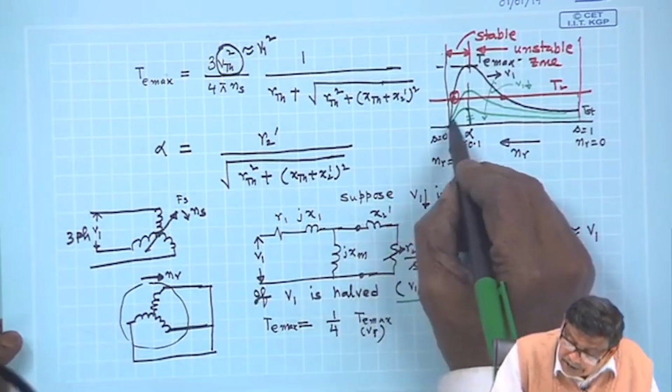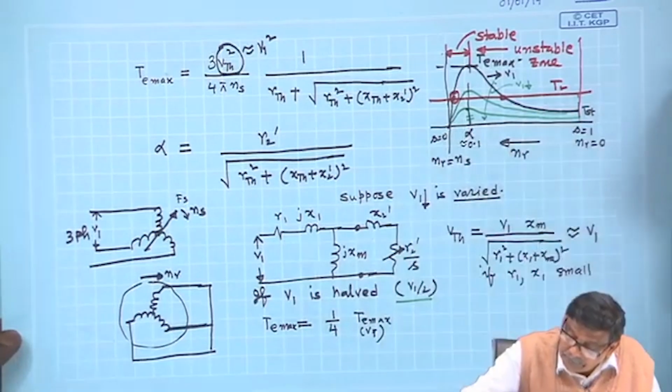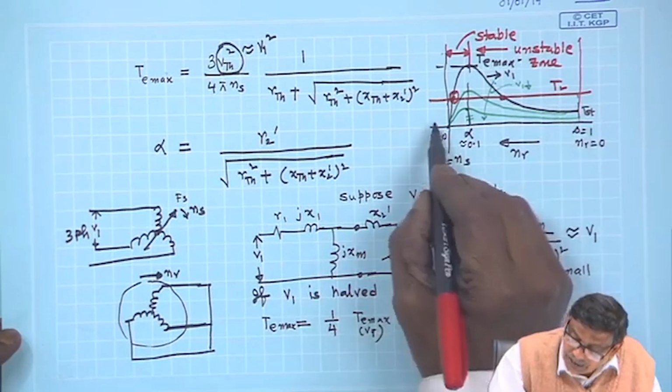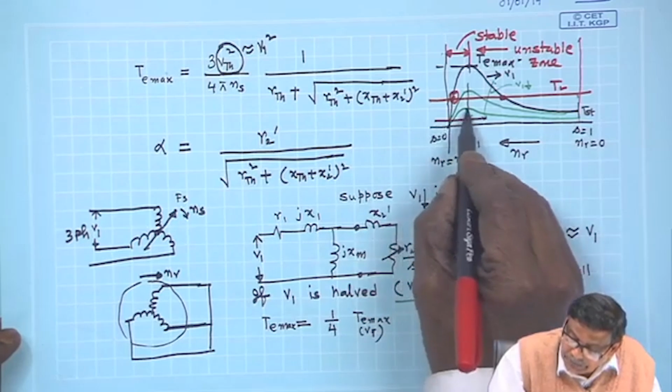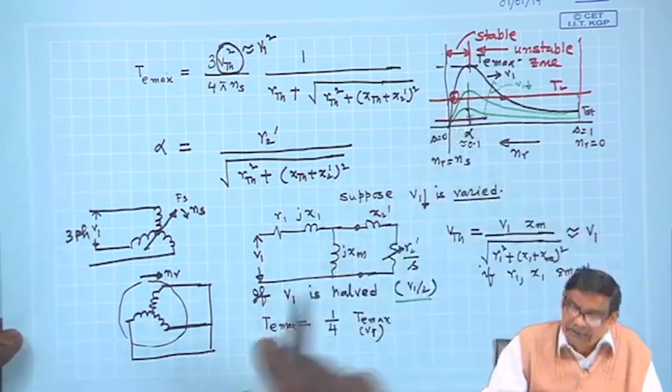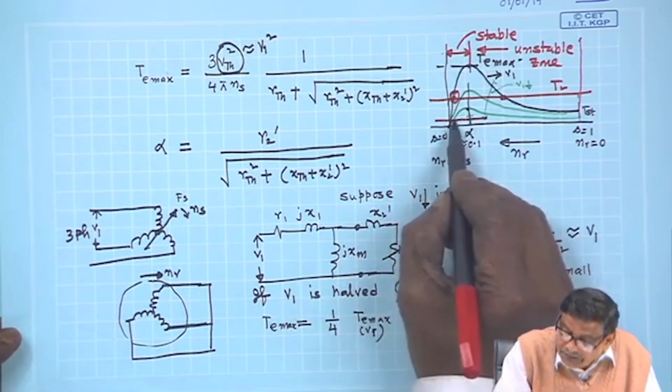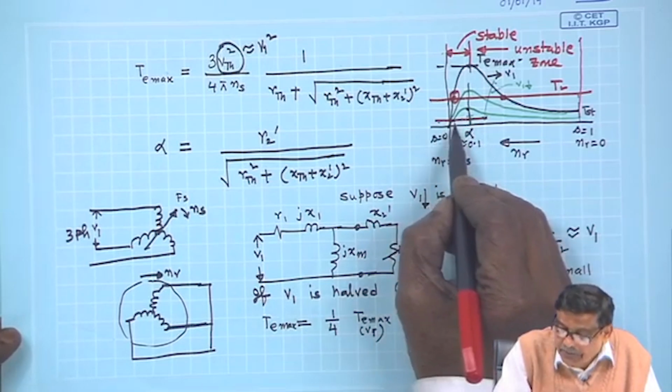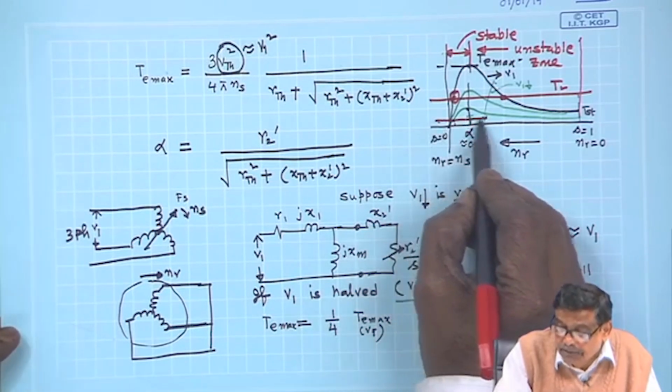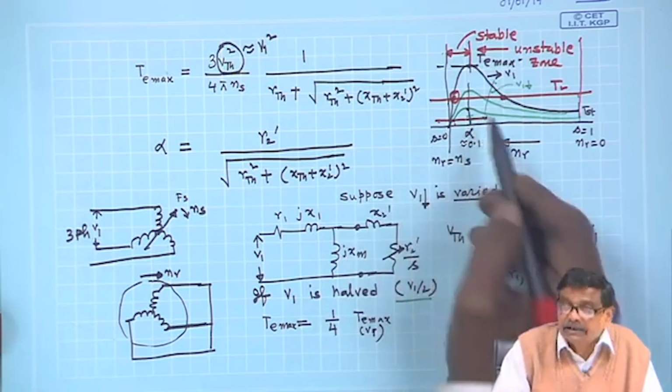Therefore, with applied voltage less, you can supply a load torque which should be below this T max. The operating slip here will be like this, and the full load torque may be drastically reduced.